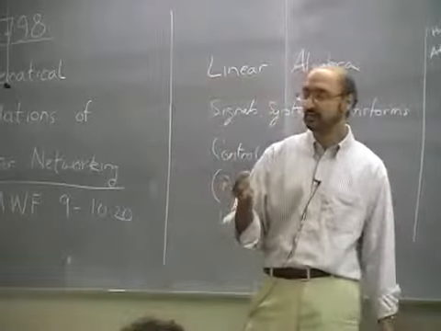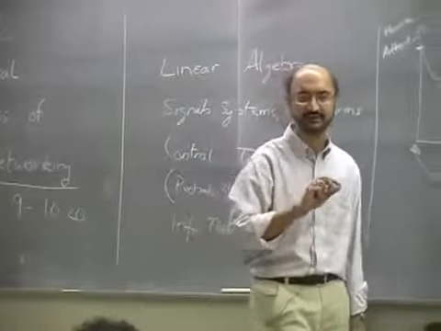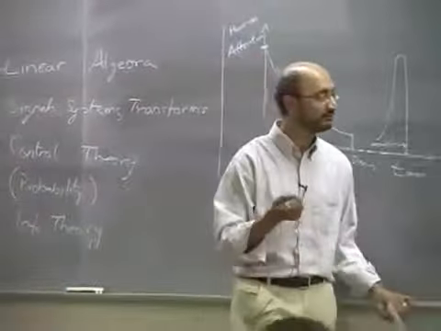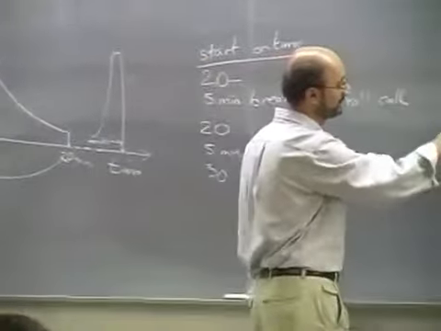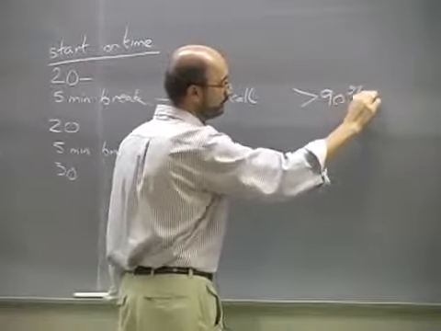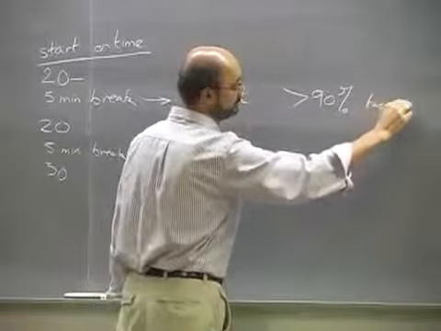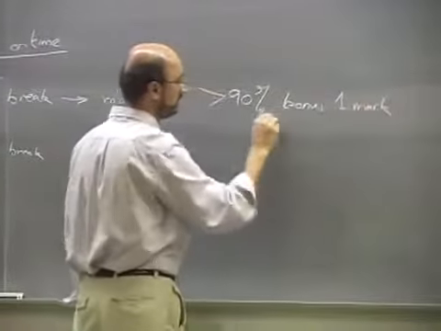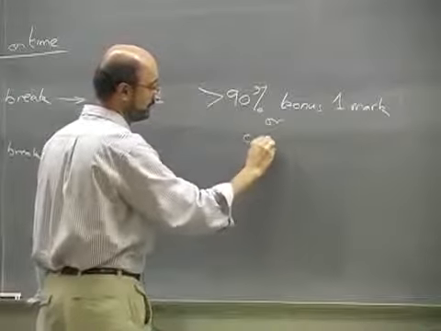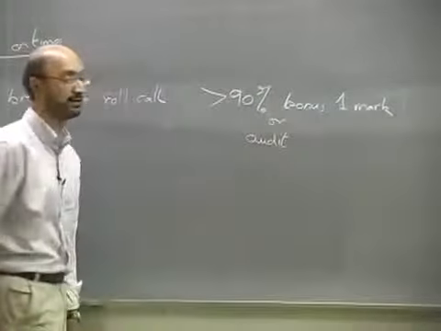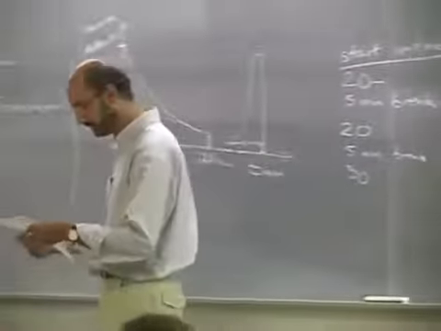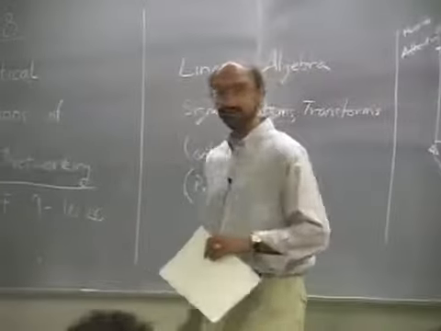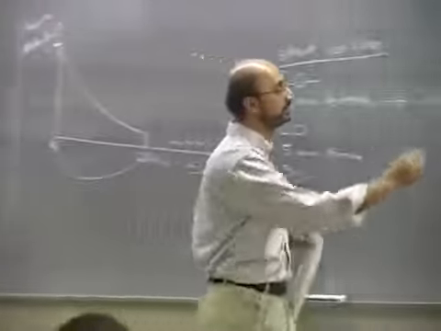But if I recognize you, then I won't call your name. I'll just see where you are and check it off. And then if you're present greater than 90%, you get a bonus 1 mark, or you get audit, if you want to get an audit. So you need to be 90%. We'll have 35 lectures in this course.